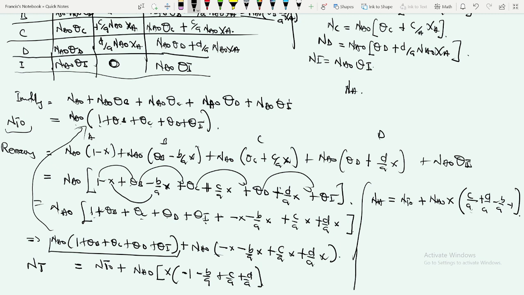Now this term, we can replace with lambda, and see that lambda is equal to c over a plus d over a minus b over a minus 1. And then we have our N_T is equal to N_T0 plus N_A0 x lambda.